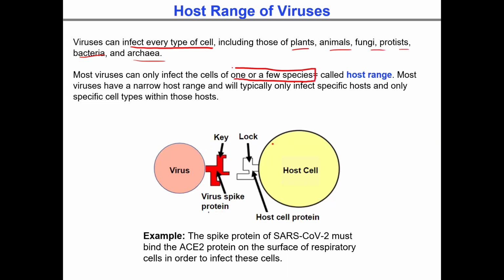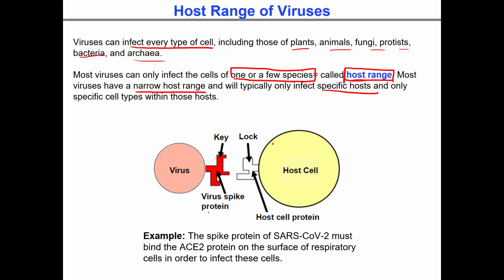And this is known as our host range. Again, host range, think about the range of hosts that it can infect. Most viruses are going to have a very narrow range and typically can only infect specific hosts.